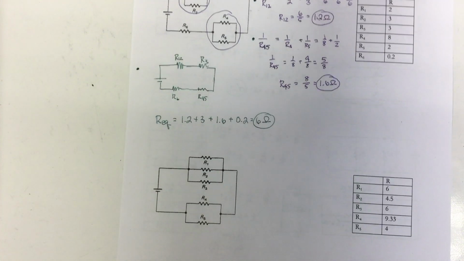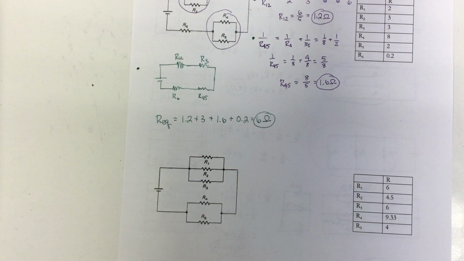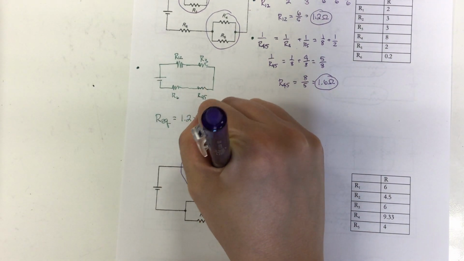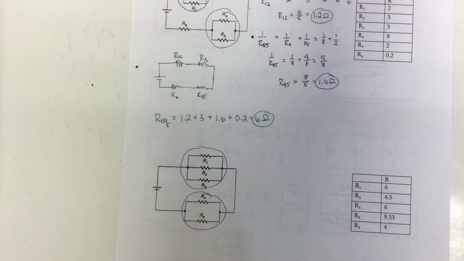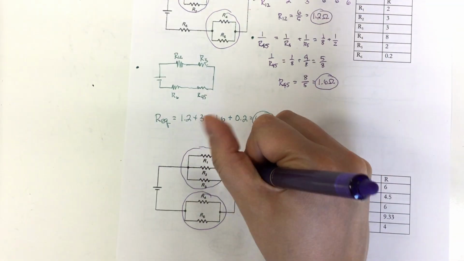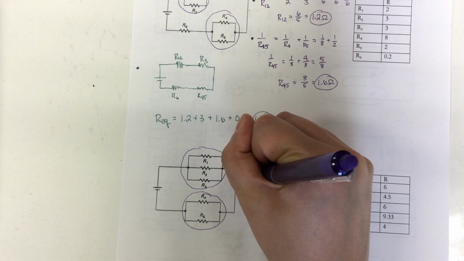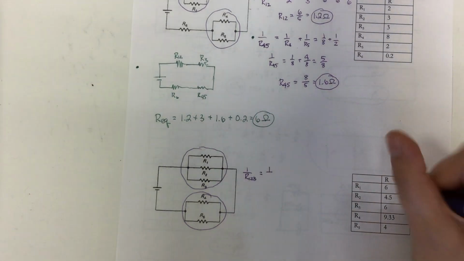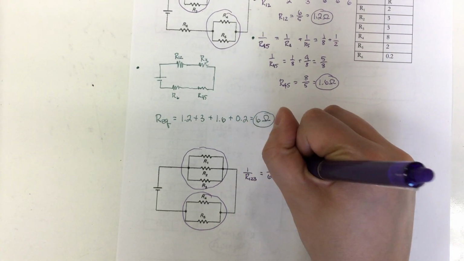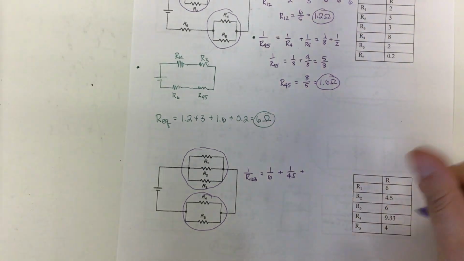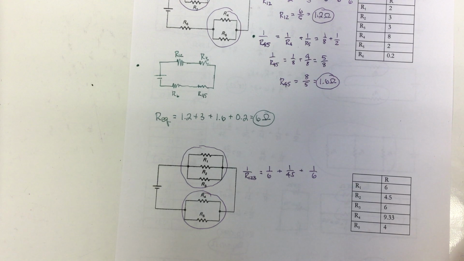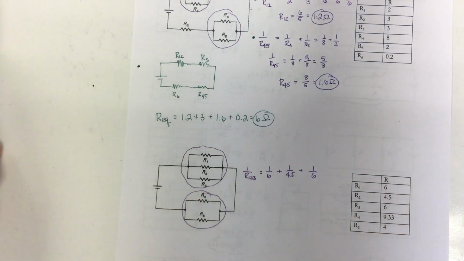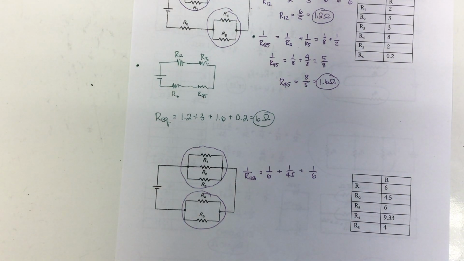If you're a step-by-step person, then here's what my steps would be written out as. I would break down my circuit into the smallest possible segments that are either all in series or all in parallel. R1, 2, 3, those three put together are all in parallel, so then I would apply the parallel equation to that segment. I could probably use a least common denominator for this, but honestly, I'm not going to be able to do that live in my head easily.